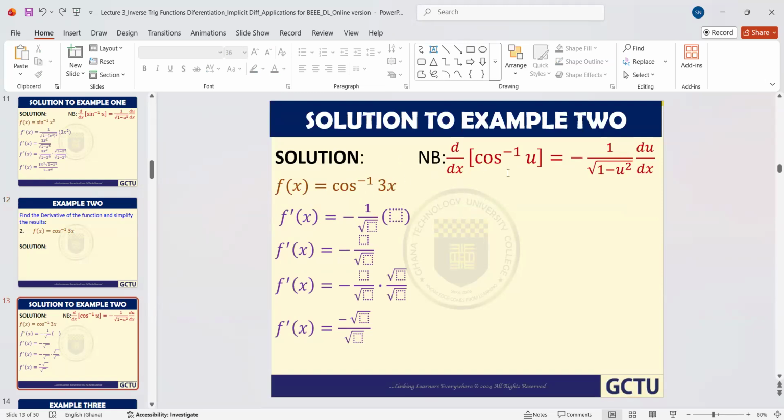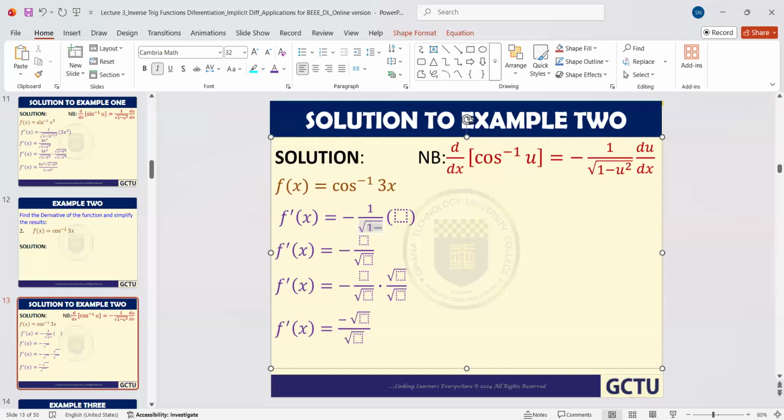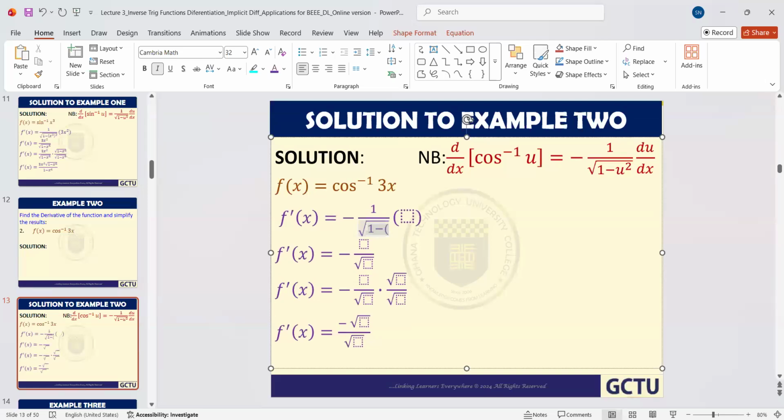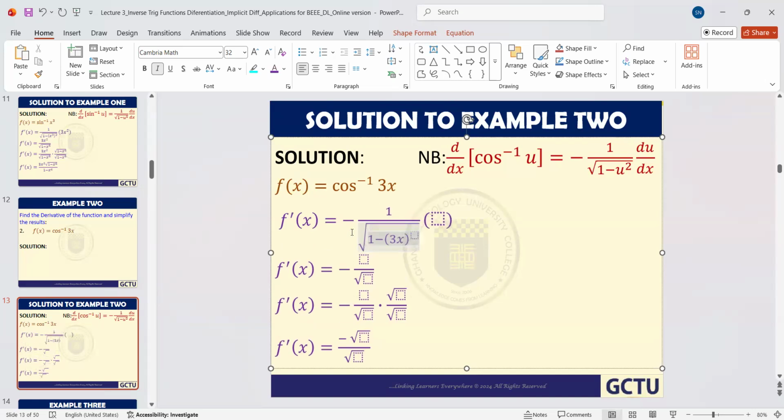Okay, so let's work this one together. The numerator is 1. My negative is here. Then 1 minus u squared. That will give me 1 minus, my u is 3x, so that gives me 3x all squared.